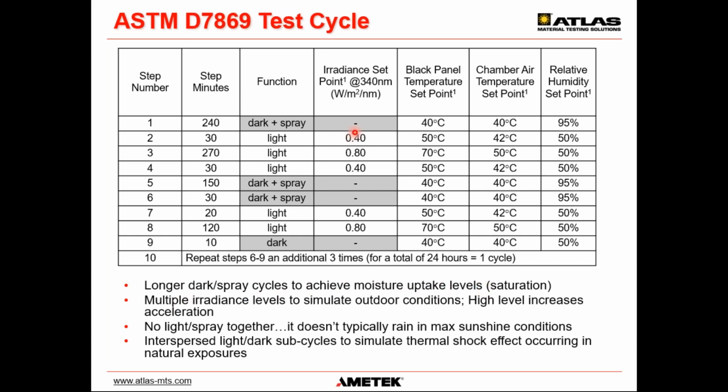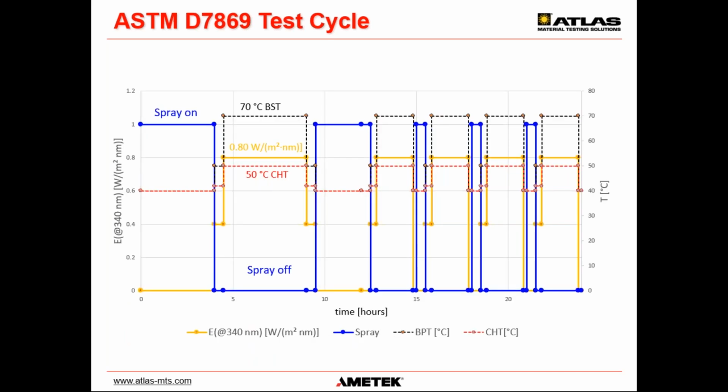They provided multiple irradiance levels to simulate outdoor conditions. That's what happens in real life. You have high levels during the peak, but in the morning and afternoon you have lower levels. As I mentioned before, you don't have any light and spray together. This was done in the SAE J2527, but it typically doesn't rain in max sunshine conditions. And you have some interspersed light and dark subcycles to simulate thermal shock effects during natural exposures.